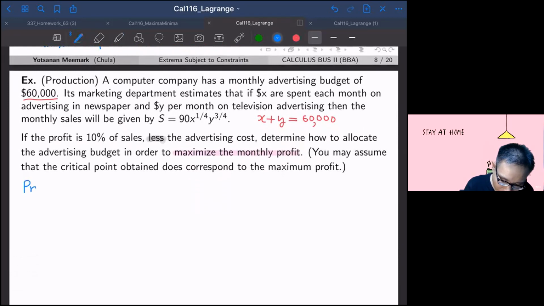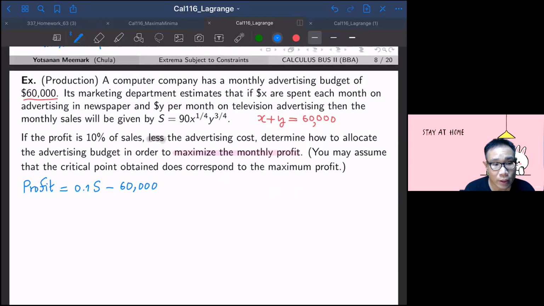So the profit will be 10% of sale, so it's going to be 0.1, and you have to subtract the advertising cost.